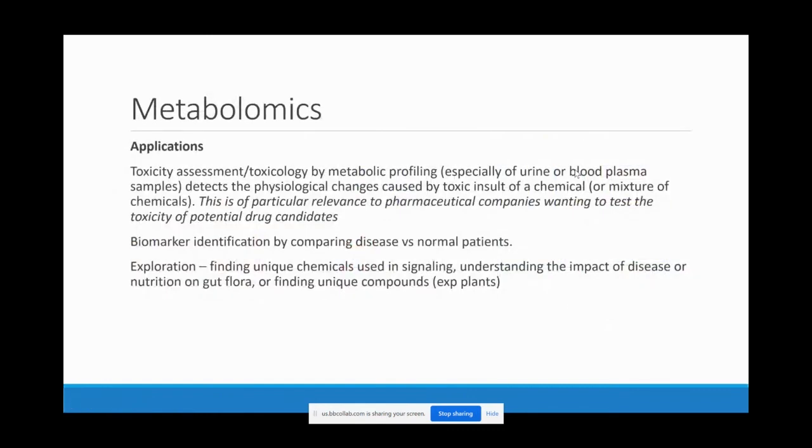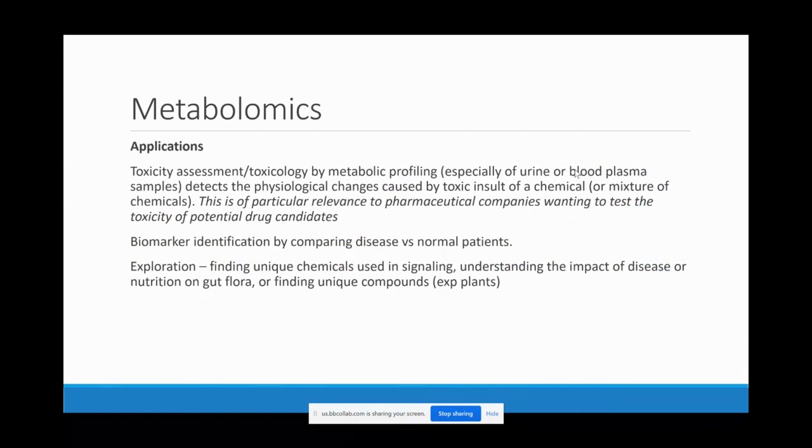Its applications tend to be used for things like toxicity assessment, especially when you look at pharmaceutical companies. A lot of times they will want to test the toxicity of a potential drug. So they're going to see how the metabolites get altered in the organism when you give someone a drug.